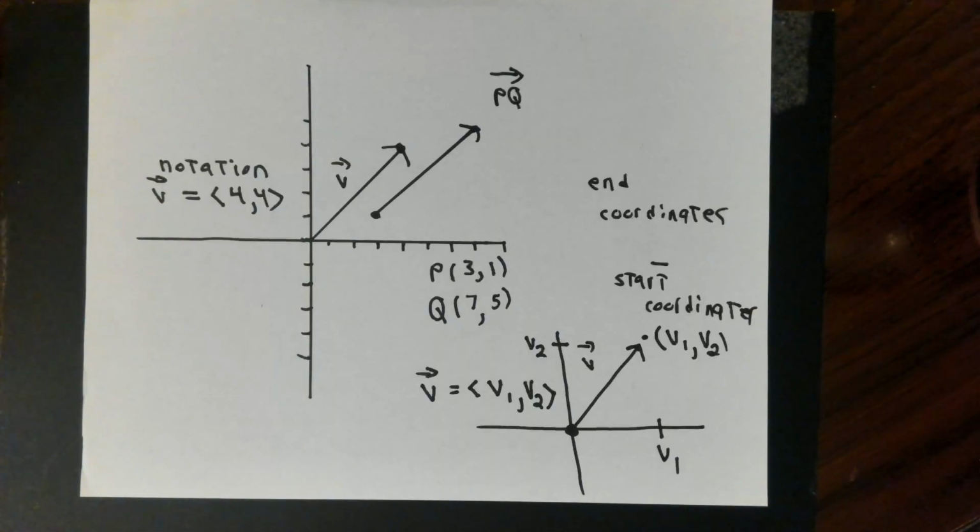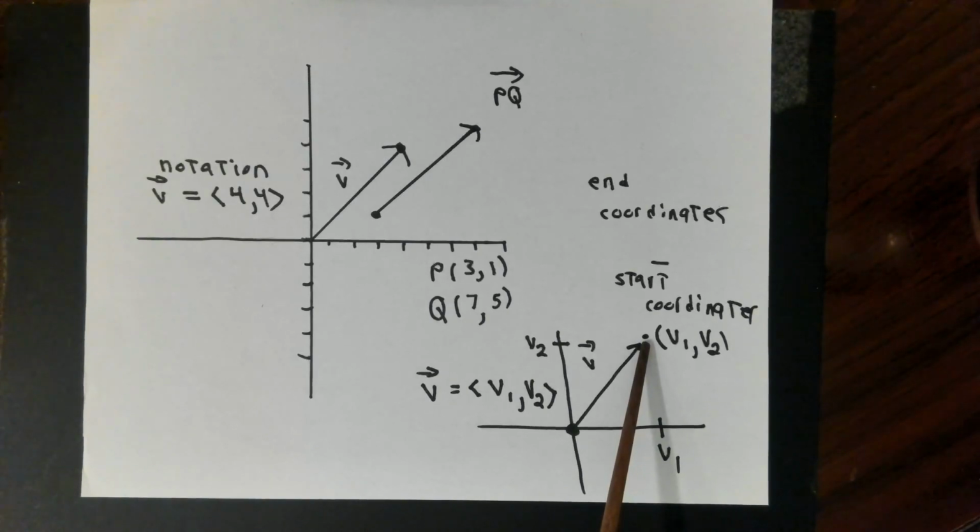More generally, if I have some vector and I look at its equivalent vector in standard position, it'll go from the origin out to some point. I'm going to call this vector v. Here, when I use the parentheses, I'm talking about the end point, the point where x is v1 and y is v2.